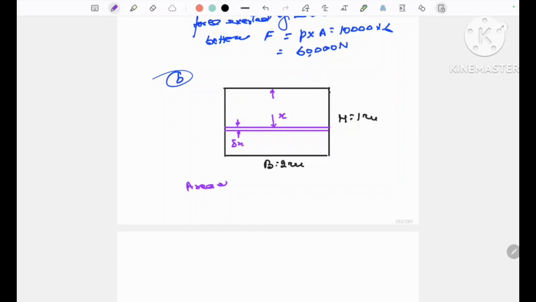एरिया ऑफ स्ट्रिप A is b into delta x or 2 delta x.